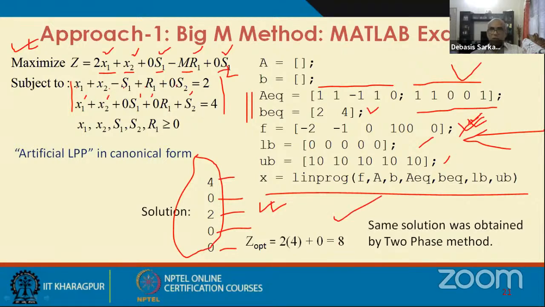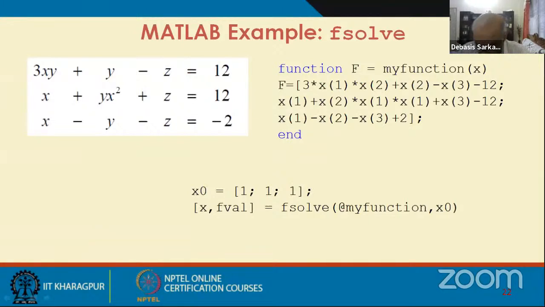Okay, so this is what I had to say about the big M method. A similar exercise you can also do for the two-phase method. Take the formulation that you obtained in phase 1 and solve the LPP in that form. Then we'll understand that it is actually minimizing the sum of artificial variables.